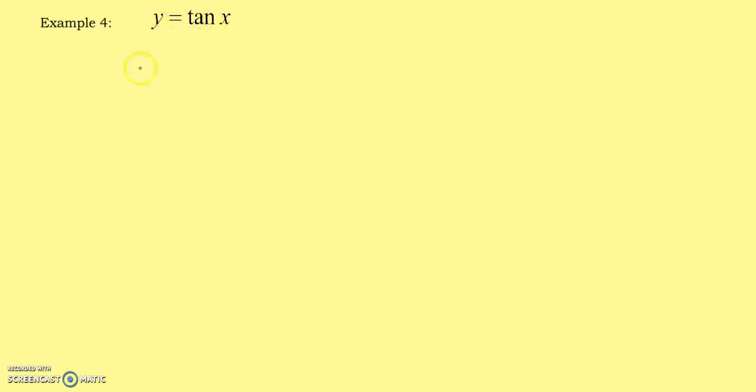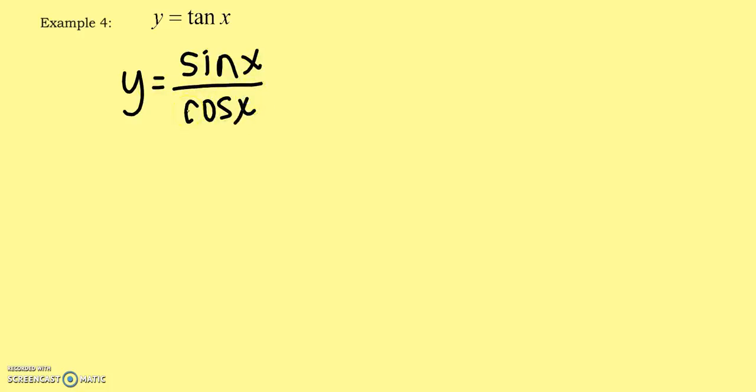So to find the derivative of tangent, I'm going to write it in a way that makes sense with functions that I already know information about when it comes to taking the derivative. So using the trig identity, sine of x over cosine of x, now I can apply my low d high rule with these 2 functions.